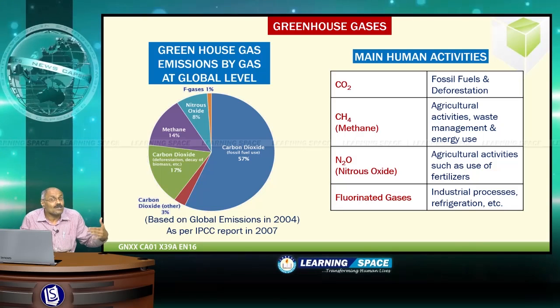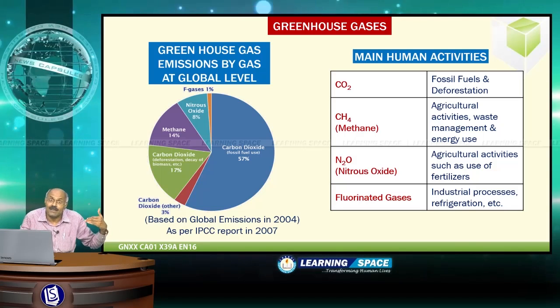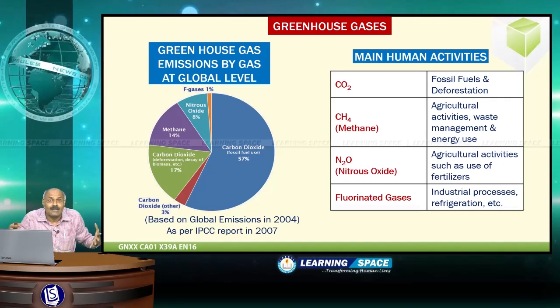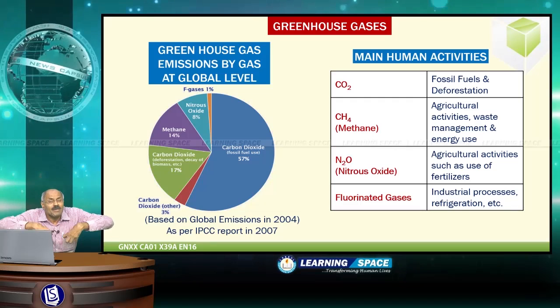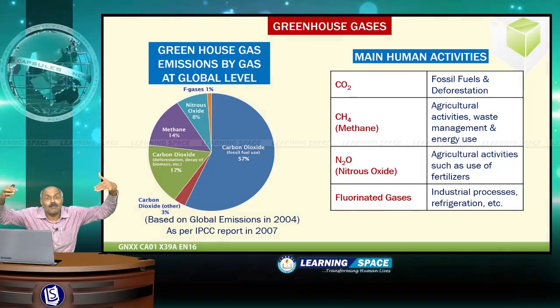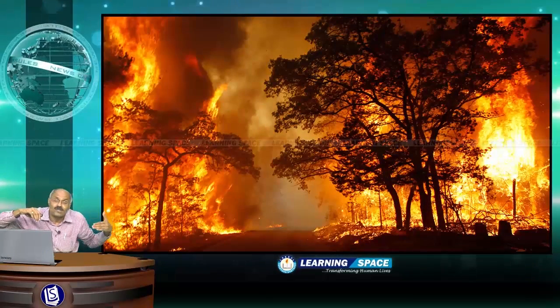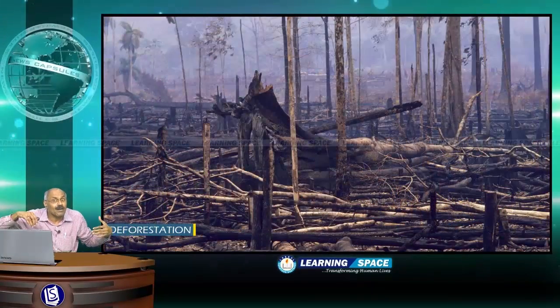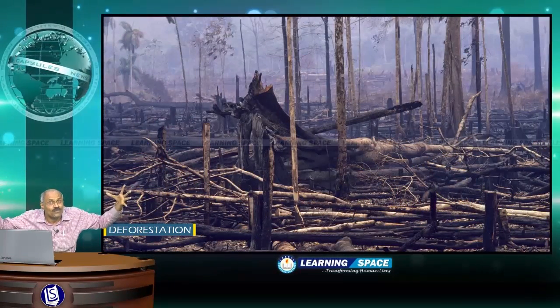I have just now talked about various types of fossil fuels, and because of burning of fossil fuels, this carbon dioxide emission will take place into the atmosphere. And at the same time, because of destruction of forests, because of deforestation, what will happen? Carbon dioxide will increase in the atmosphere.